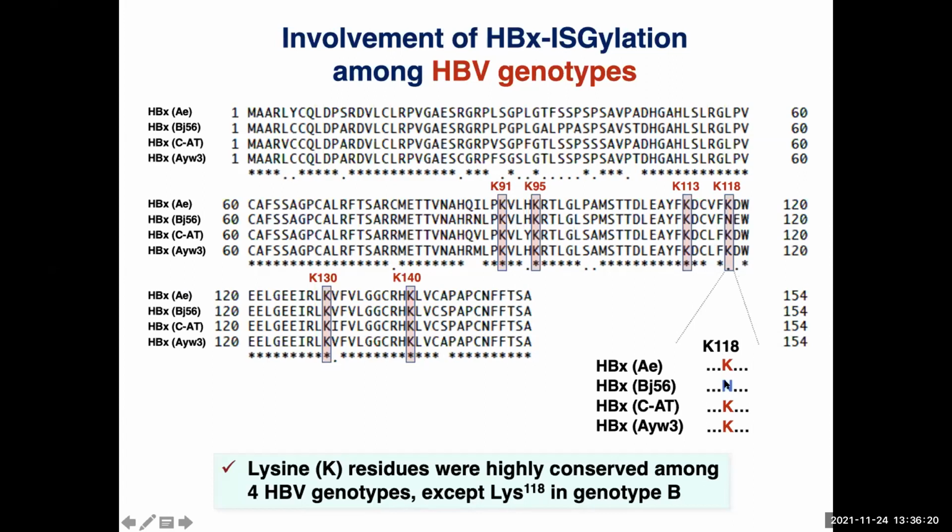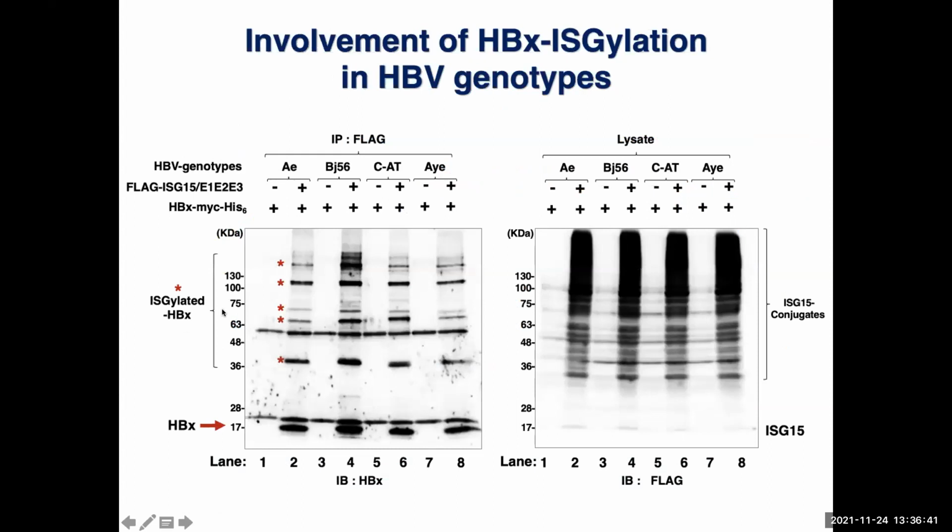However, only genotype B doesn't have lysine at position 118, but the other 3 genotypes carry a lysine residue at the 118 site. Then we took a look at HBx ISGylation, and as you can see here, HBx proteins are ISGylated, and protein ladders of ISGylated HBx were visible in all 4 HBx proteins.